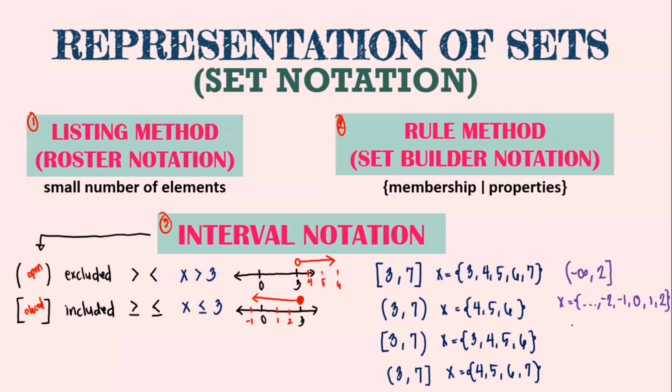Okay? And then another example, kung meron kang nakita namang, let's say, negative 3, comma, positive infinity. Okay? Parehong open parenthesis. So, ang mga values ng x natin ay start kay negative 2, negative 1, 0, 1, 2, 3, etc. Okay? Up to positive infinity.